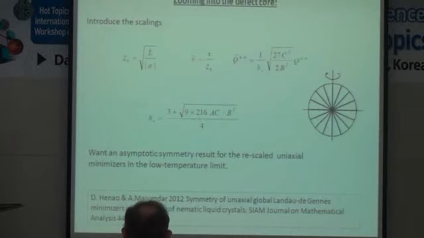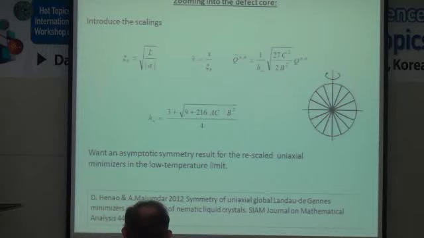So now that I have some information on the location of the defect set, my next step is to somehow zoom into the defect core, to sort of blow up the defect core, mathematically zoom into the defect core. And for this, I'm going to introduce some scalings.